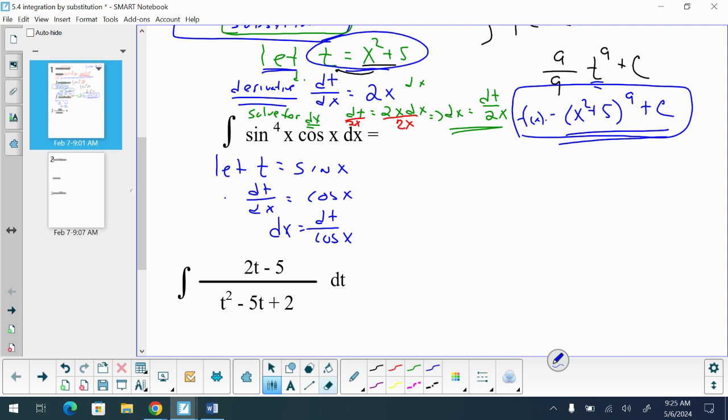So now we make our substitutions. Antiderivative, we let t equal sine of x. So we have t to the fourth, then we have cosine of x times dx. dx is equal to dt divided by cosine.